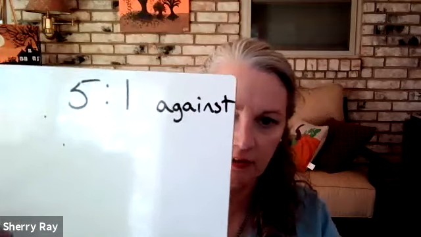If the bet is 5-1 against, then that means the horse will win 1 race for every 5 races that the horse will lose.